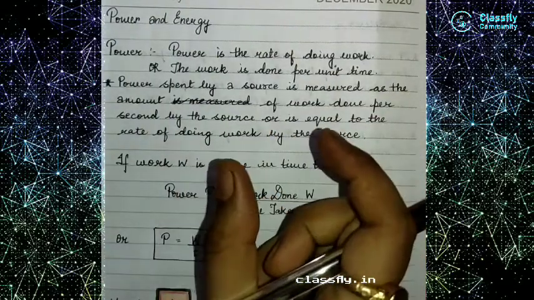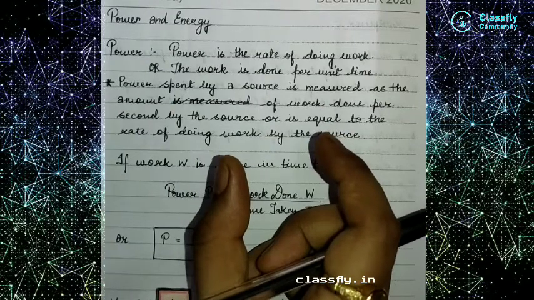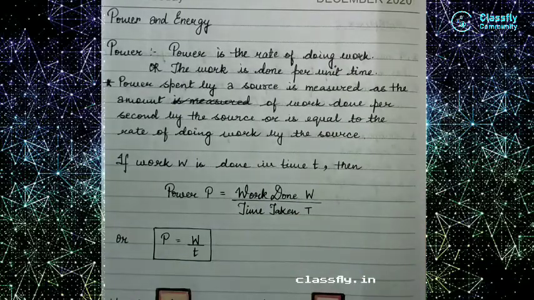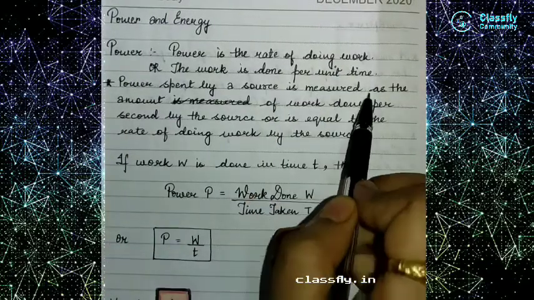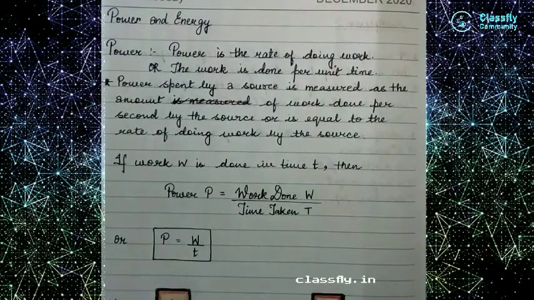That means for a work which is being done, the time taken to complete the whole work must also be calculated. So power spent by a source is measured as the amount of work done per second, or it can be equal to the rate of doing work by the source.